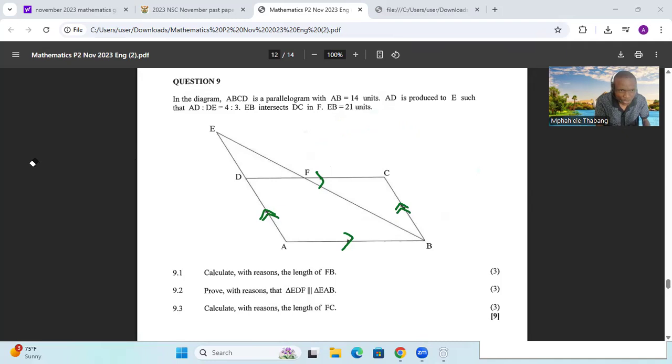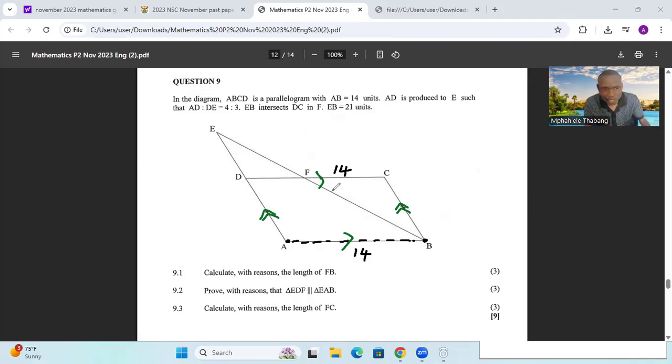So the distance from A to B is 14, which means that the distance from D to C is also 14, because these are the opposite sides. Remember, opposite sides of a parallelogram are equal. So once they say AB is 14, automatically DC is also 14.